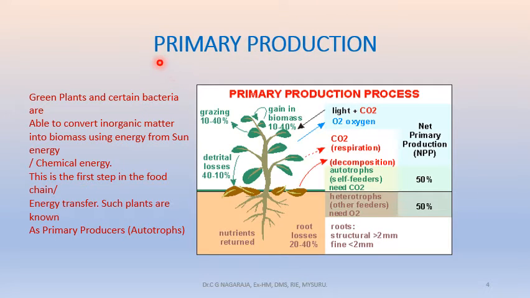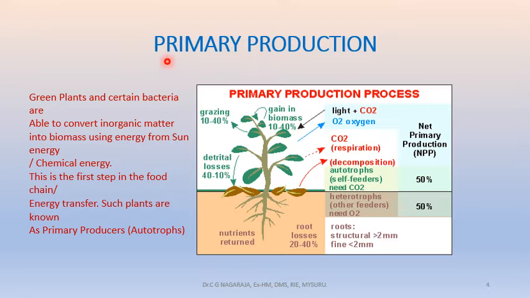Now, primary productivity is explained here. Something we have to know: when you say production, production may mean many things to many people. In a factory, there may be a production, a film production may be there. So production has a different meaning in different contexts.